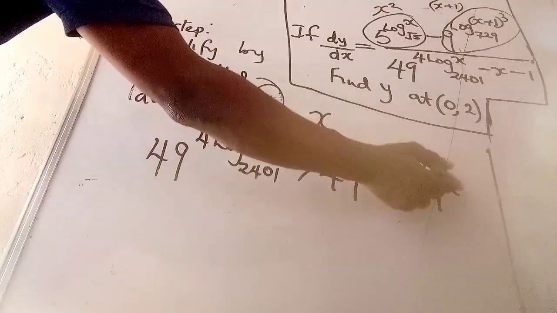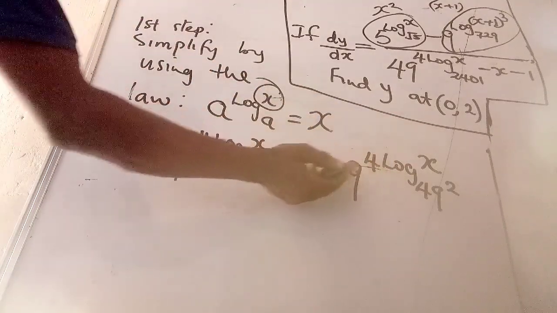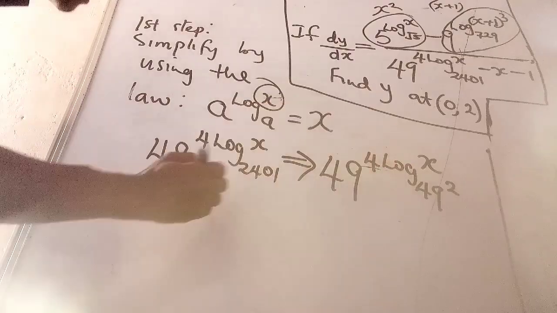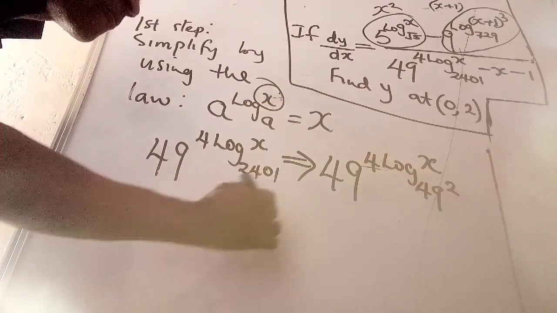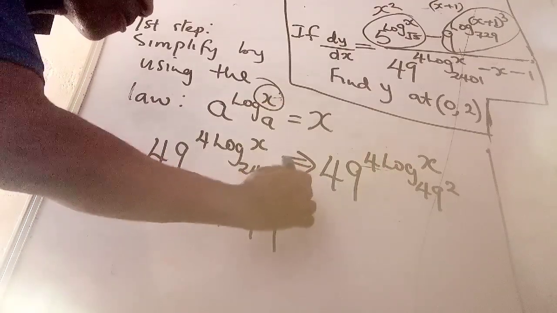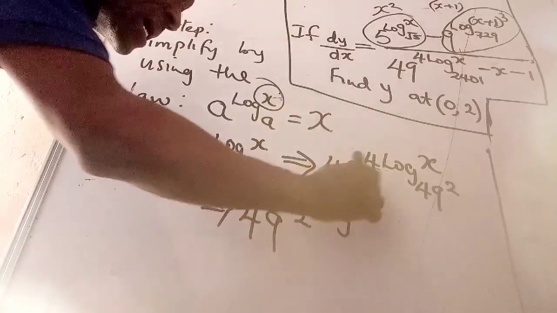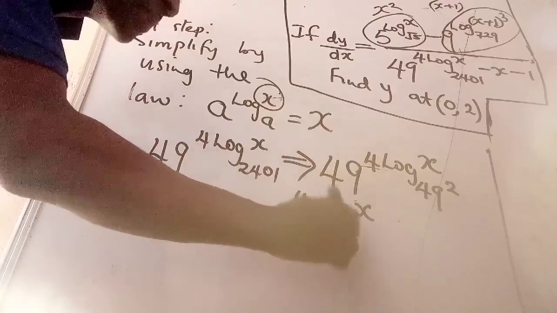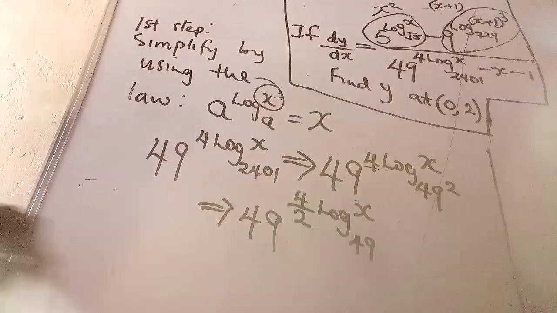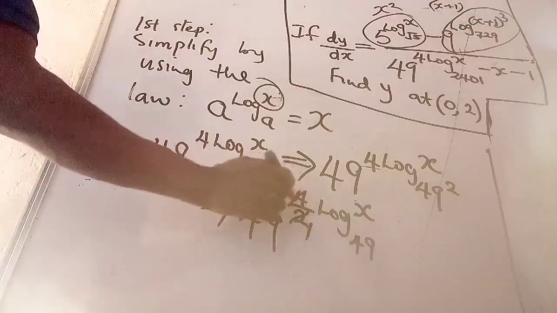So this 2 will shift to the back and become denominator to this 4. That means we are going to have 49 raised to power 4 over 2 log x base 49. 2 here 1, 2 here 2.